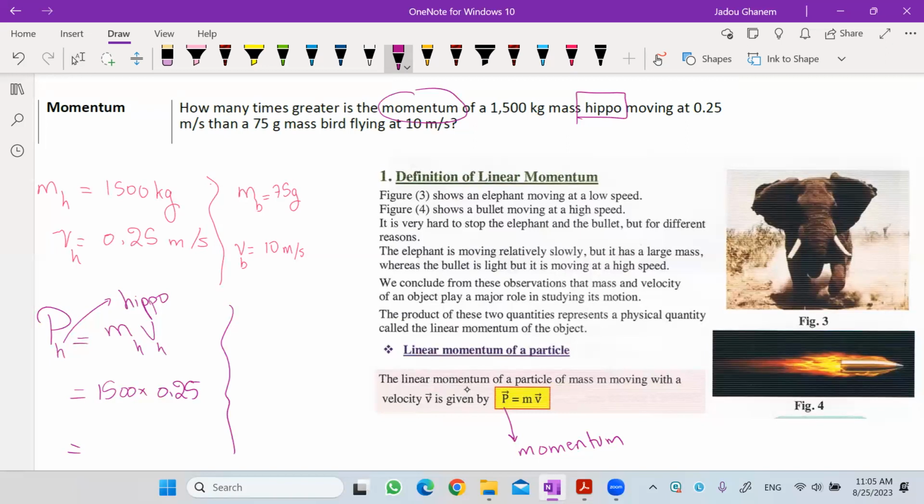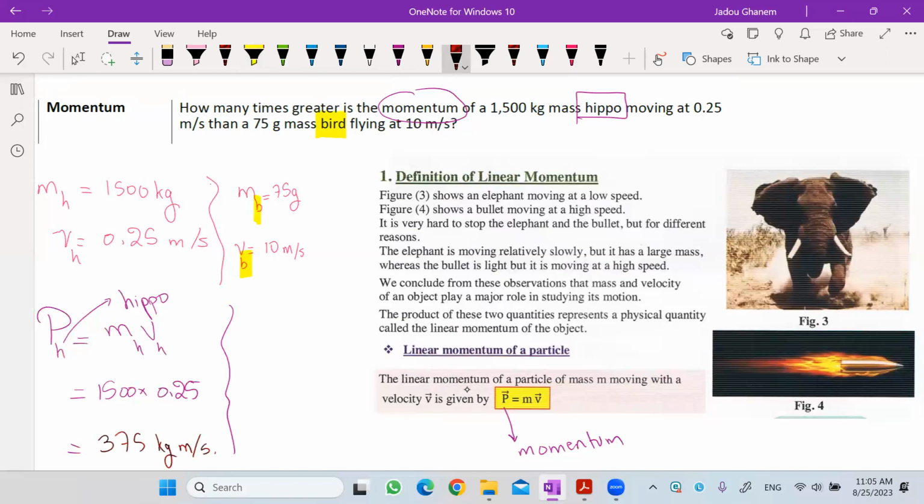And B represents the bird. Once I write B, I mean the bird. All right. Now, we can calculate this value and we'll get 375. And sure, the SI unit will be kilogram meter per second.